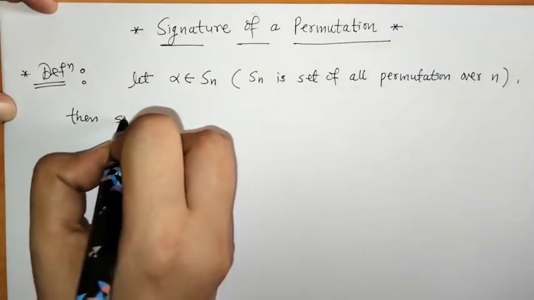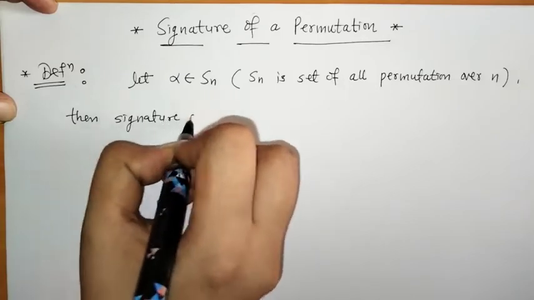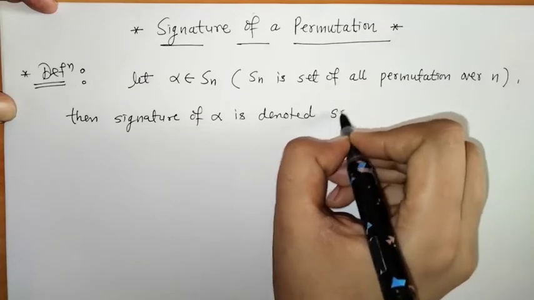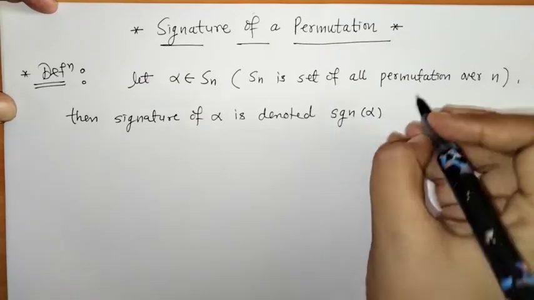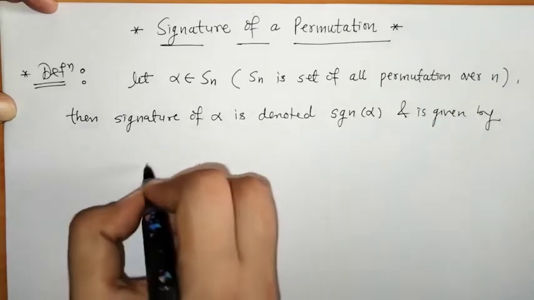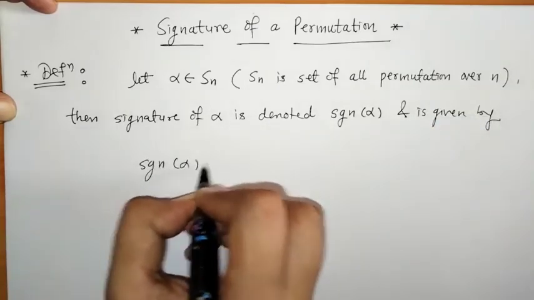Then signature of this alpha is denoted by Sgn of alpha and is given by this formula.